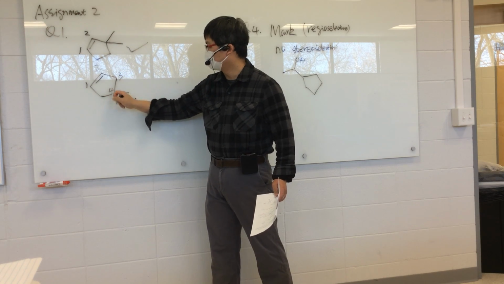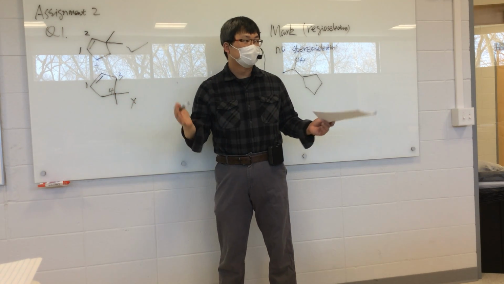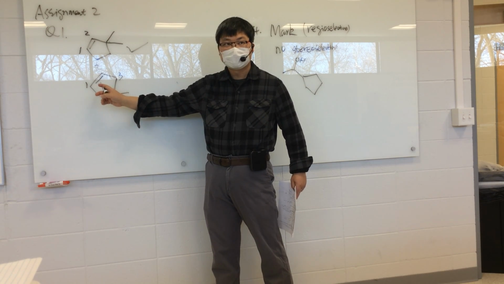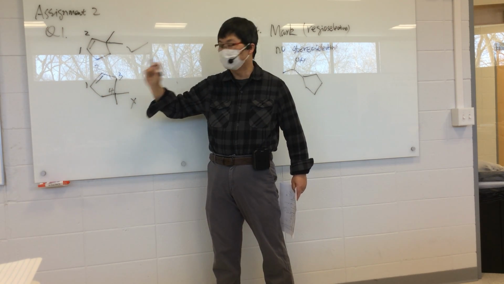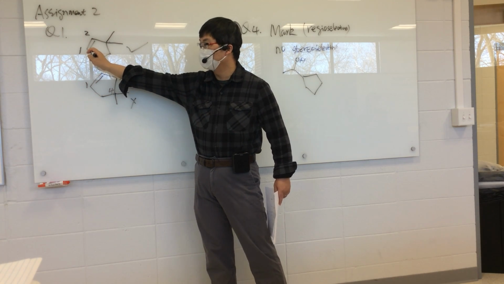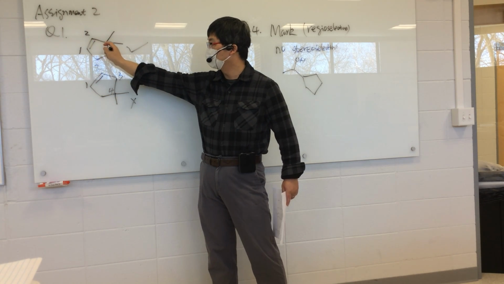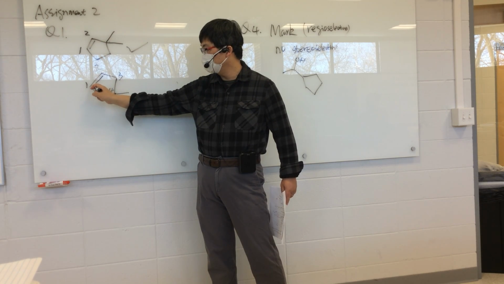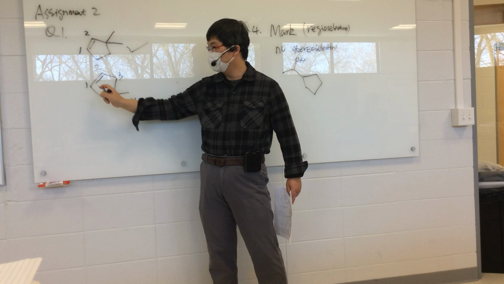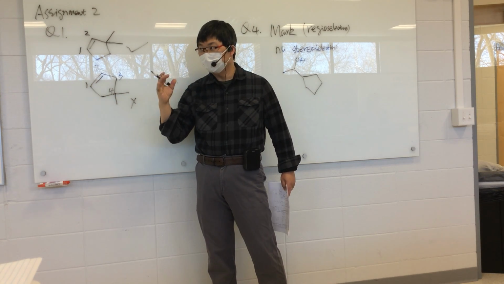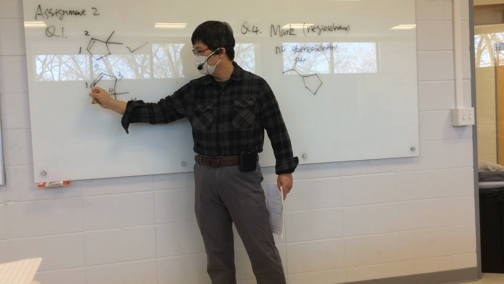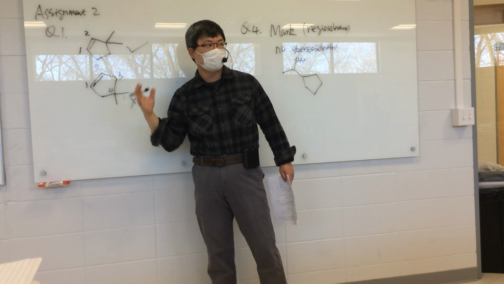Then this is 4. What I mean is that when we write this structure, we need to pay attention. You start from here, carbon 1, 2, 3. You cannot draw it like this, because if we put the double bond here, then the double bond should follow carbon 1.